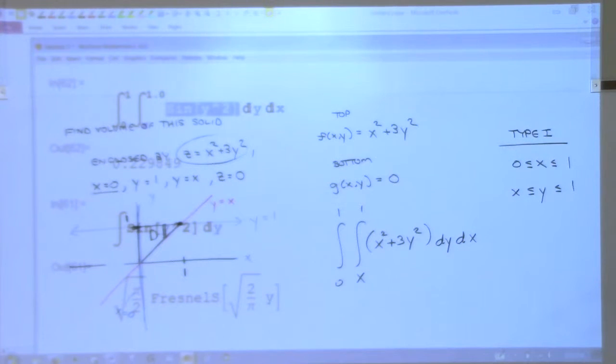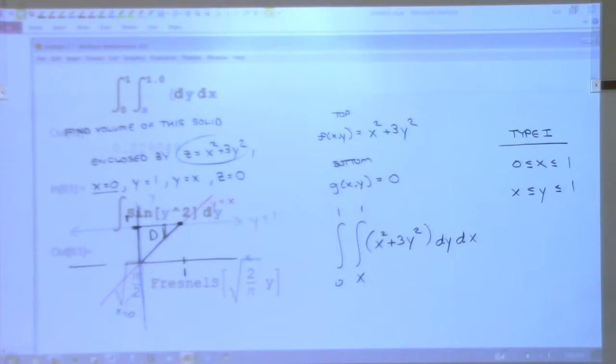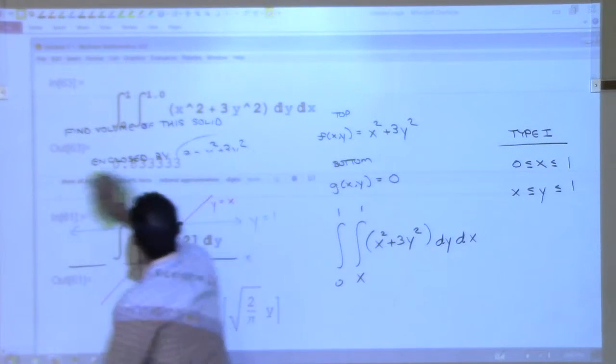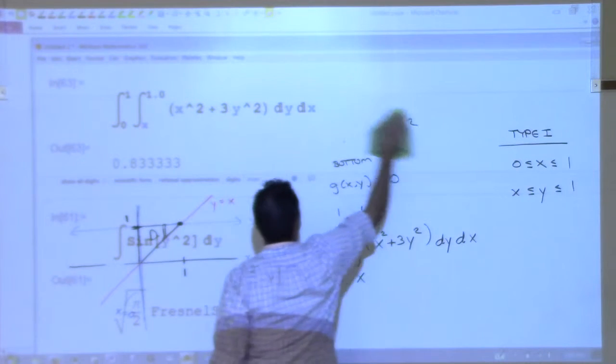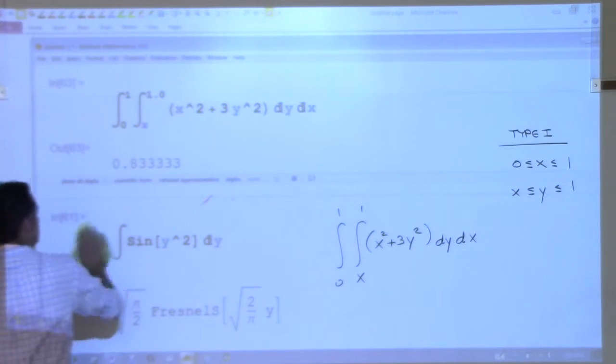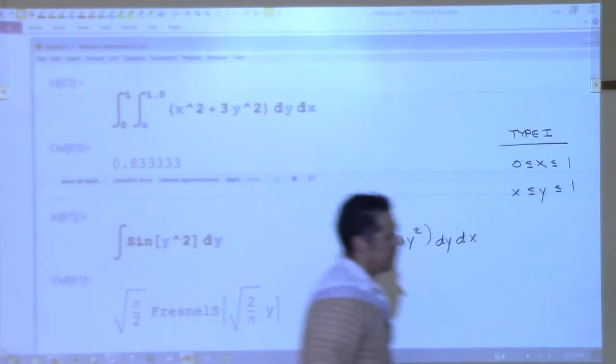There we go. 0.833. Sorry about all this crap up here. So there it is. That integral should yield 0.833, which is the volume that we're looking for.